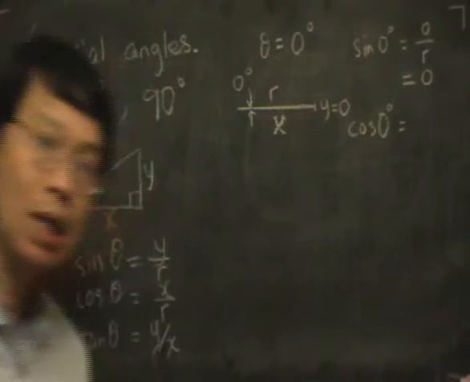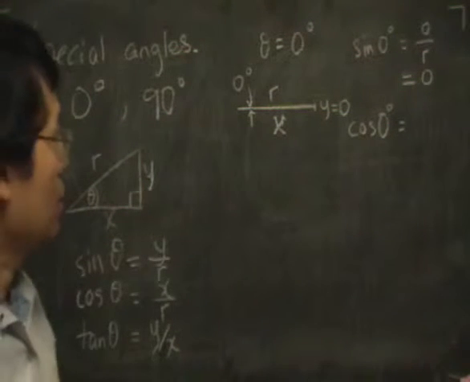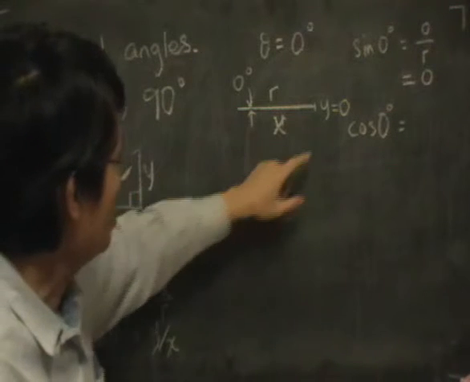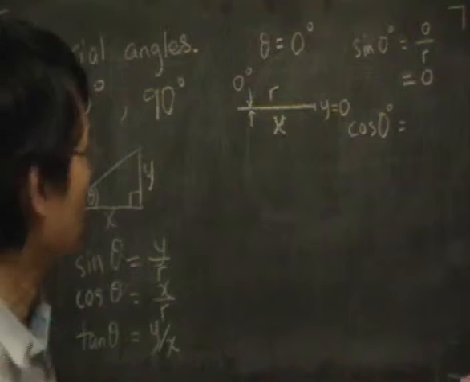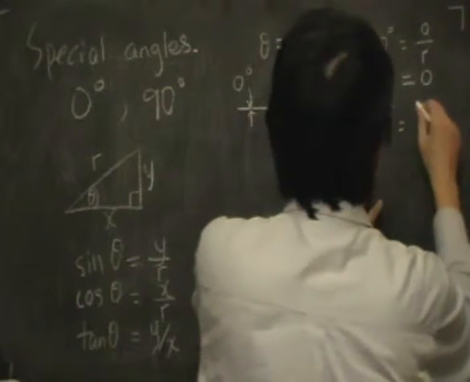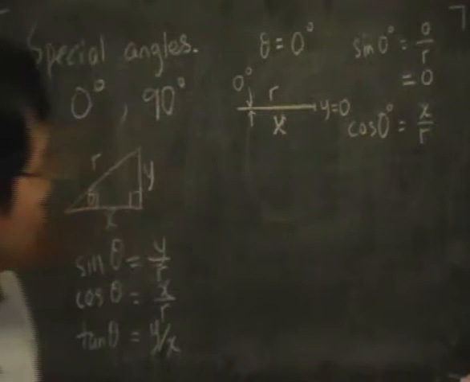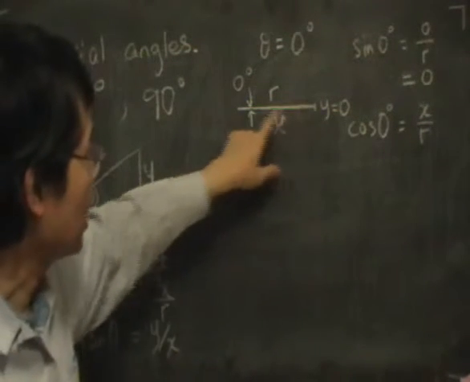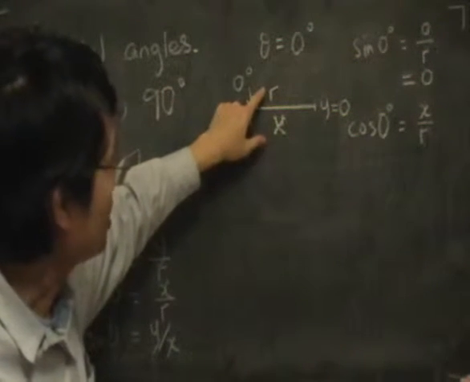What about cosine 0 degrees? Let's try that. That's the angle. We have adjacent, which is the x, divided by the r. Now, in this case, it is special because the adjacent, this side x, has the same length as r.